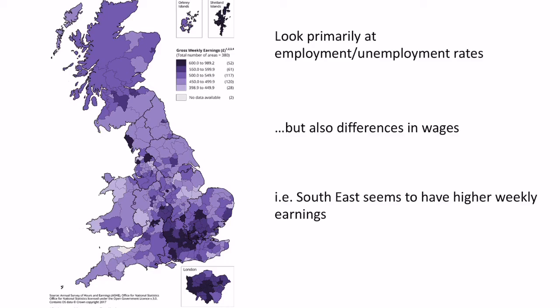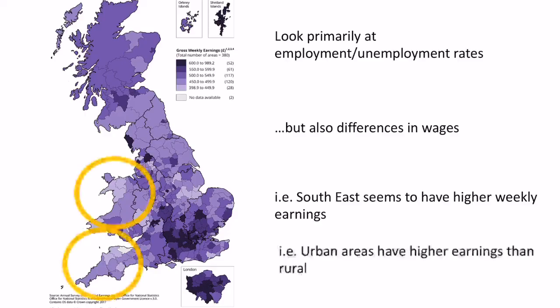But we can also see that there is a difference here between rural and urban areas. So North Wales and Cornwall are rural areas and they have lighter areas, therefore much lower earnings in those areas. So we can see that there's inequalities in wages, even if there isn't huge employment differences in these areas.